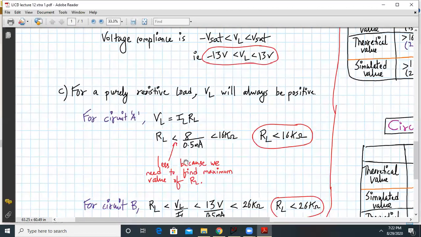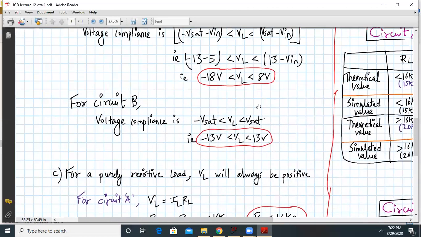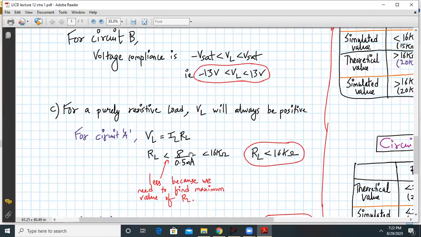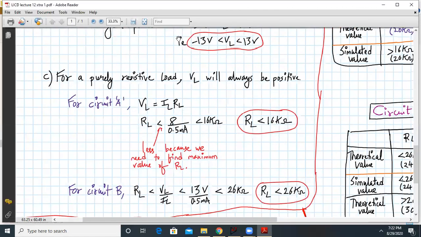So VL has to be less than 8. Why 8? Over here, this is the maximum value, right? From this limit, VL can have a maximum of 8 volts, and IL is already found to be 0.5 milliamperes. So if you work it out in a calculator, this number will be 16 kilo ohm. So RL has to be slightly lesser than 16 kilo ohm. What will happen if it is greater than this value? The op amp will saturate. That's what will happen.